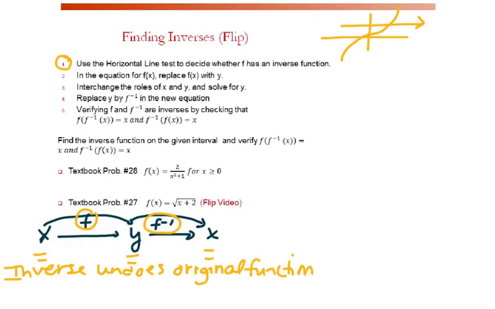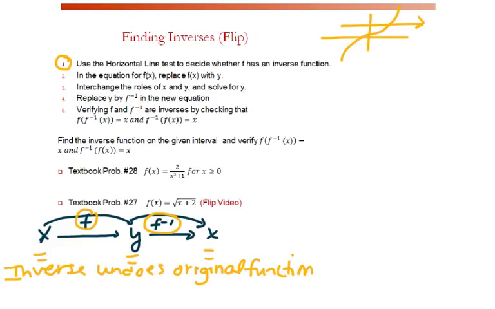A good rule of thumb is to always do the horizontal line test first. Graph it. You can use Maple or your graphing calculator. Pass the horizontal line through it and make sure that it passes.